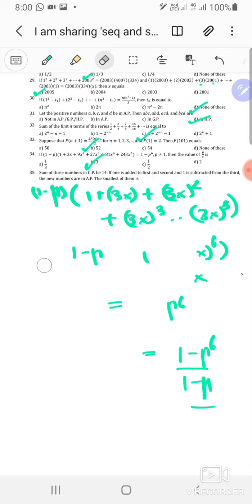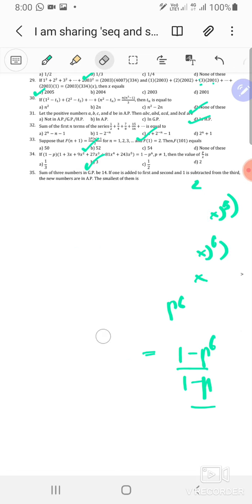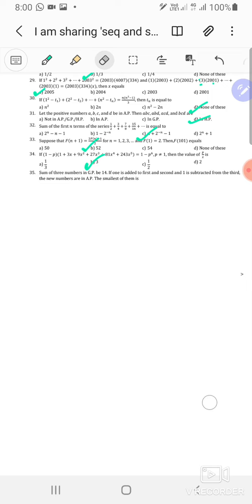So the next question is: the sum of three numbers in GP is 14. If one is added to the first and second and one is subtracted from the third, the new numbers are in AP. The smallest of them is. Okay, cool. So suppose you have these numbers a, ar and ar squared, and the sum is 14.